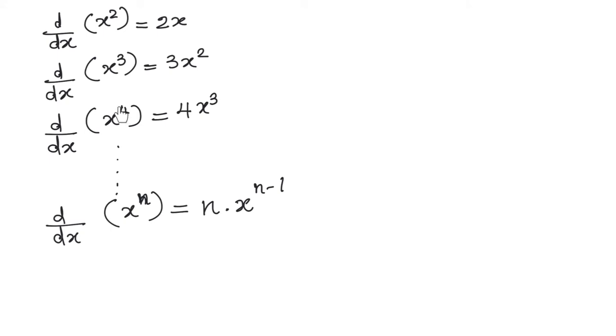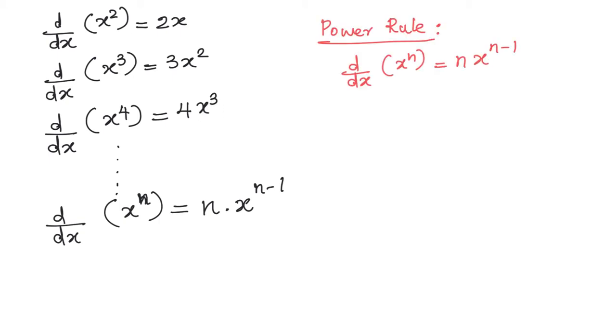You can see that we are bringing the exponent in front and subtracting 1 from the exponent. So derivative of x power 5 with respect to x will be 5 times x power 4. So right now you learned the power rule: derivative of x power n is n times x power n minus 1.